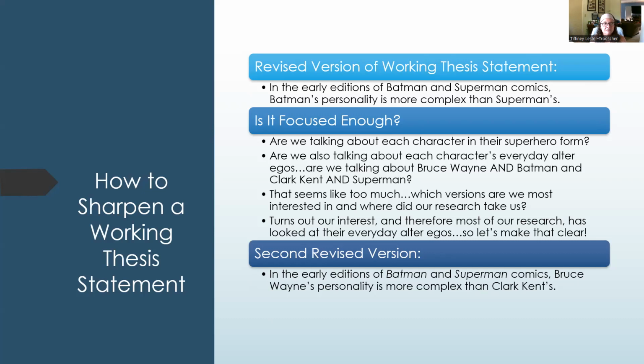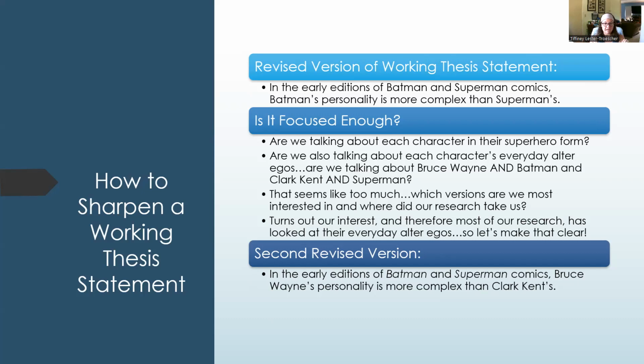But I can still name the titles, but make it clear that I'm only focusing on the alter egos, right? So in the early editions of Batman and Superman comics, Bruce Wayne's personality is more complex than Clark Kent's. Now, I've made it clear that I'm focusing on the early editions of these comics.